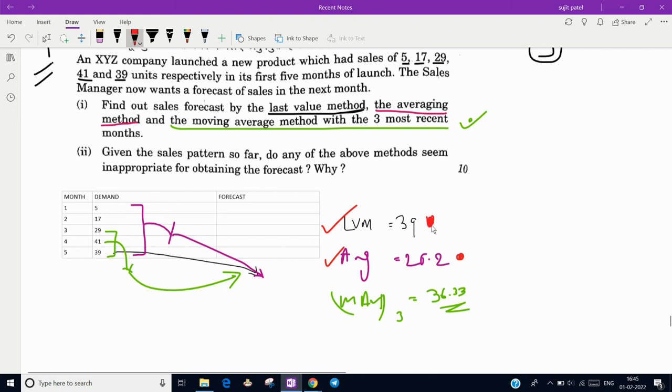Why inappropriate? Because in the last value method we cannot say that whatever the last data is will be the forecast, because if you see the pattern, 5, then 17, 29, and then suddenly a rise to 41.